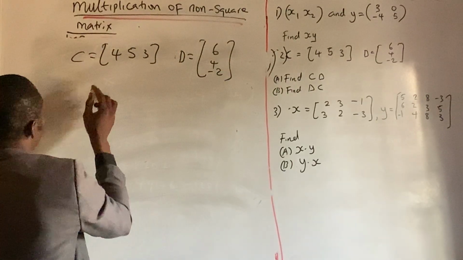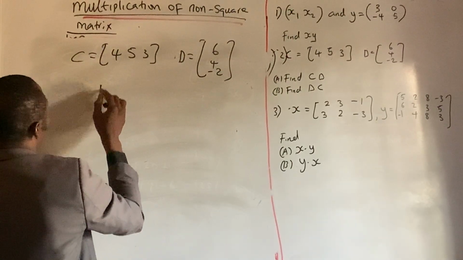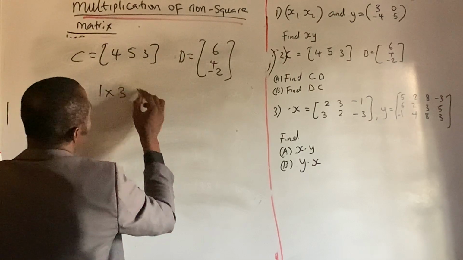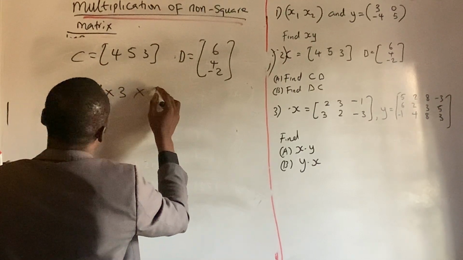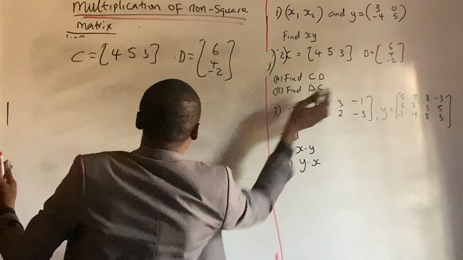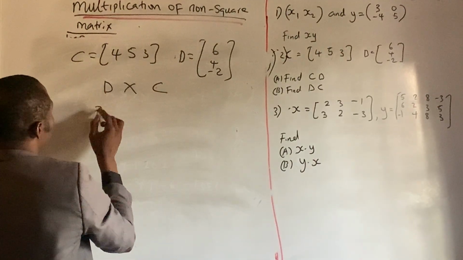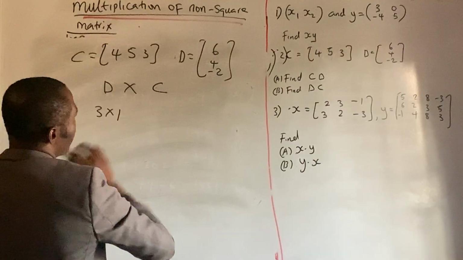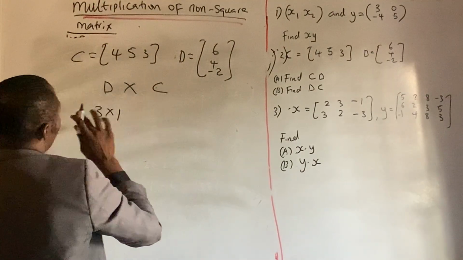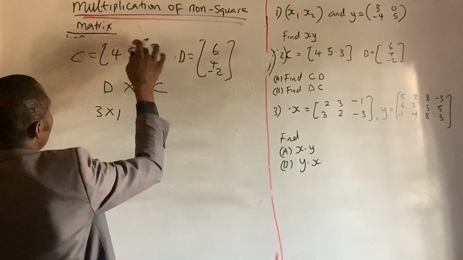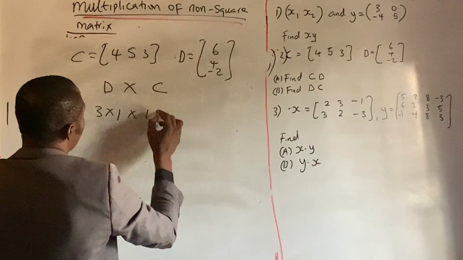So how do I do that? C is 1 by 3. I'm multiplying D by C. What's D? D is 3 by 1. What is C? C is 1 by 3.